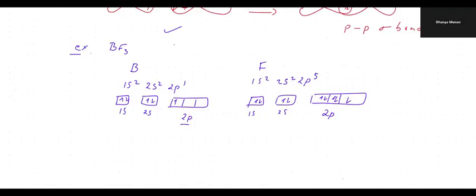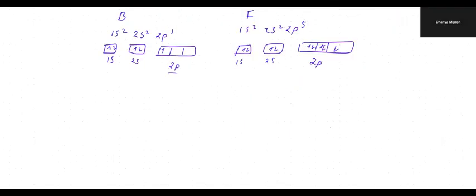Over here there is one boron and three fluorine; it is BF3. Now we have to share electrons between boron and all the three fluorine. This is the Lewis structure.